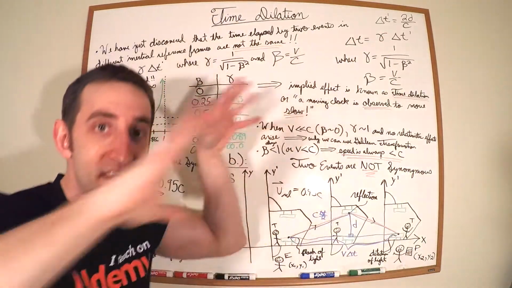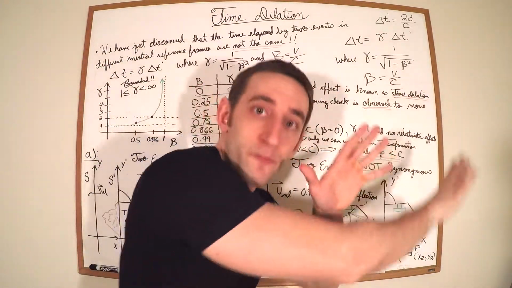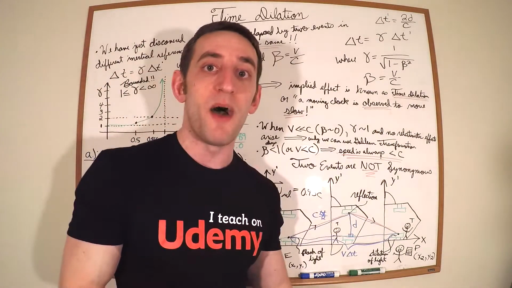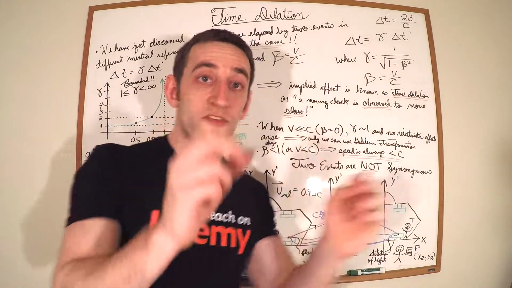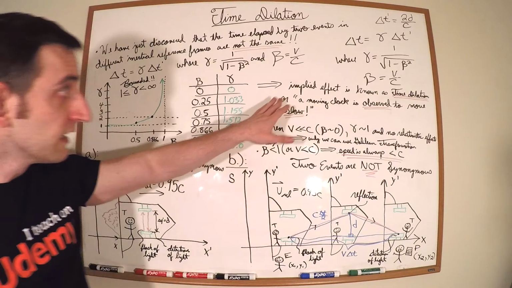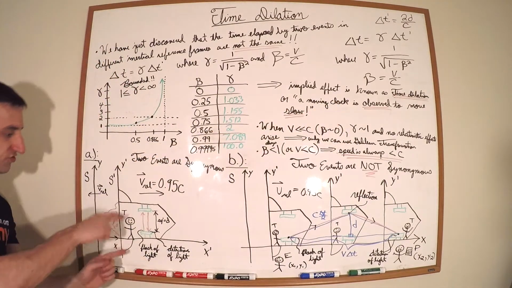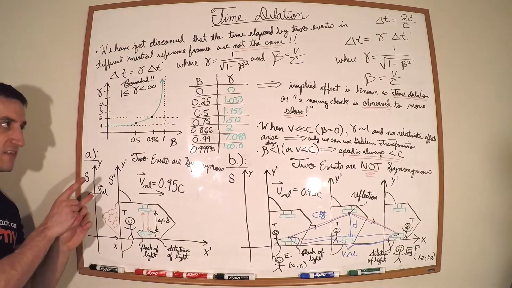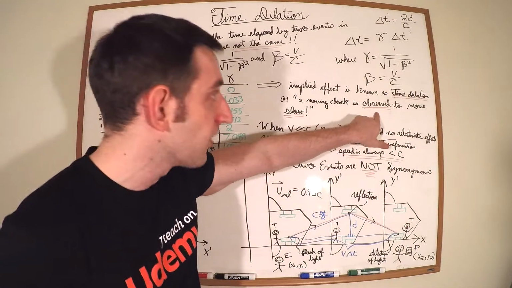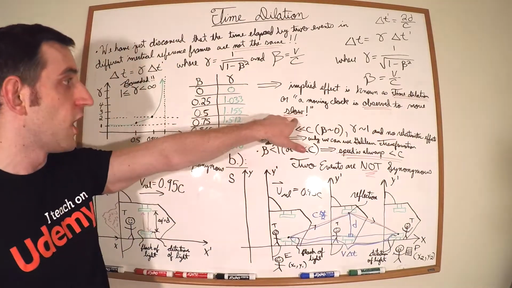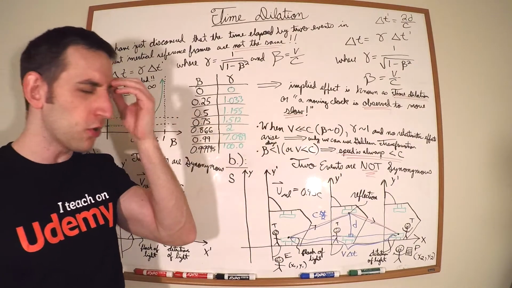So the time is getting bigger as observed by somebody on Earth, the stationary or observing entity. And it also means that a moving clock, the clock in the moving reference frame in the spaceship, is observed to move slow. What do I mean by that?